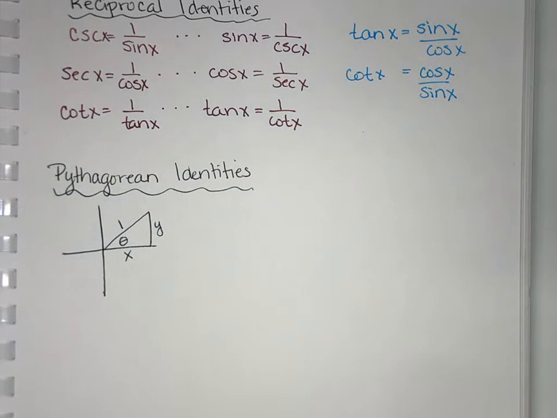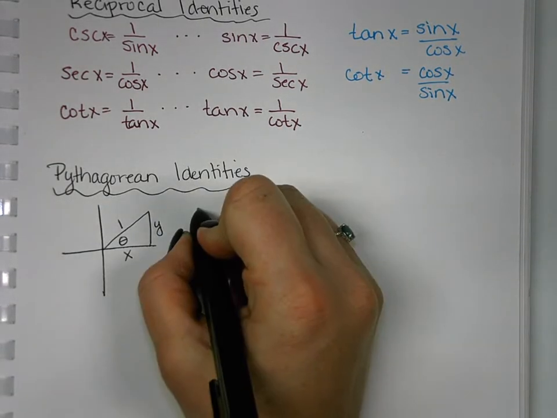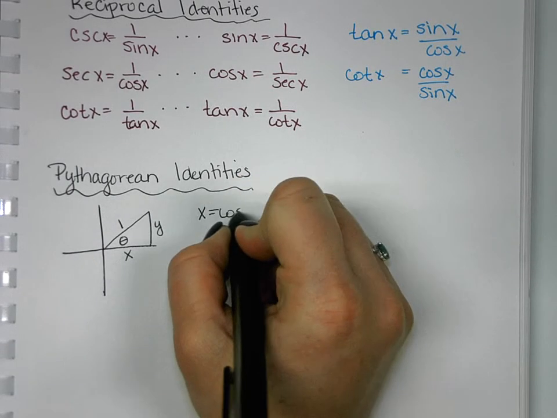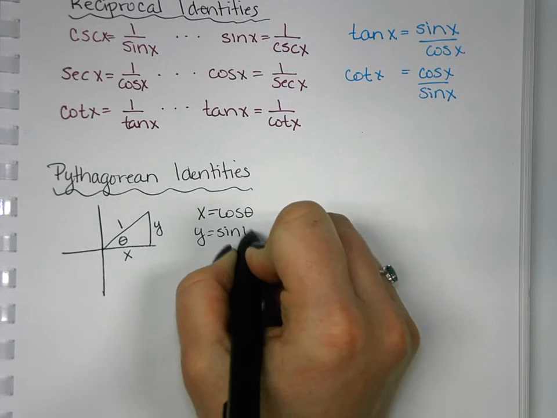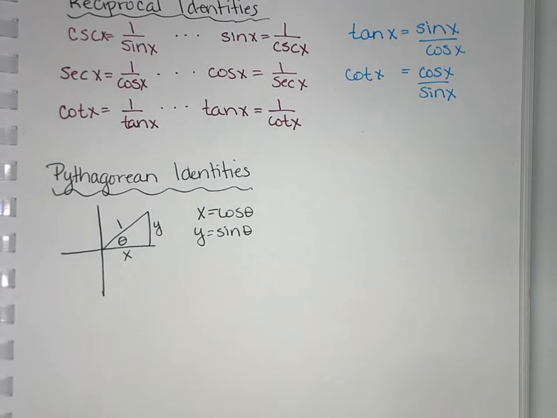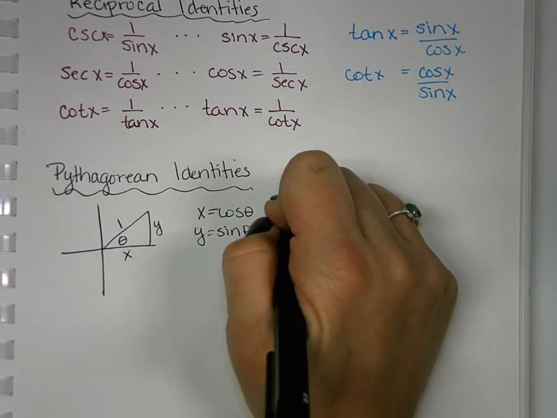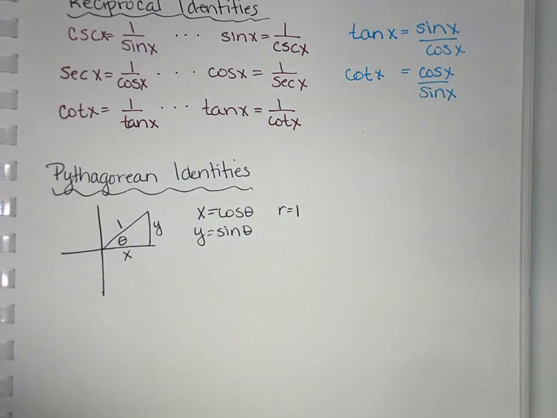Together they help us make our unit circle. These are all things we know just based on our unit circle, where the radius is equal to 1. And what we're going to do is figure out some different things, all based on these 3 things that we know from our unit circle.